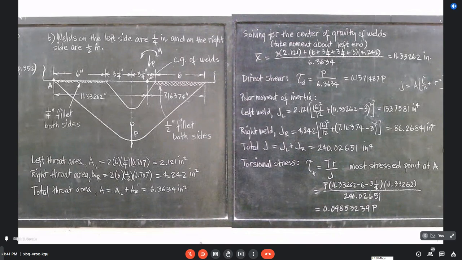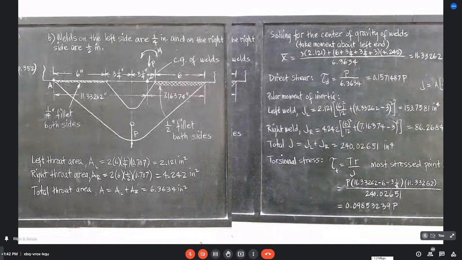And 11.33262 minus 6 minus 3.25, divided by 2.002651.